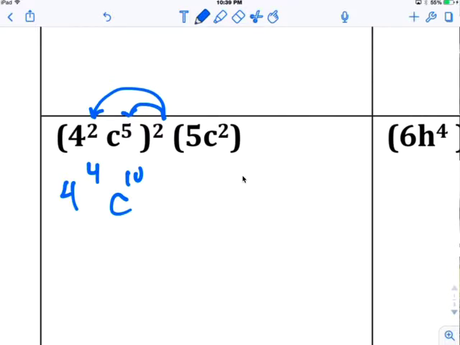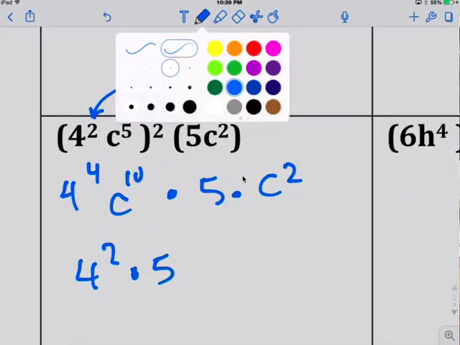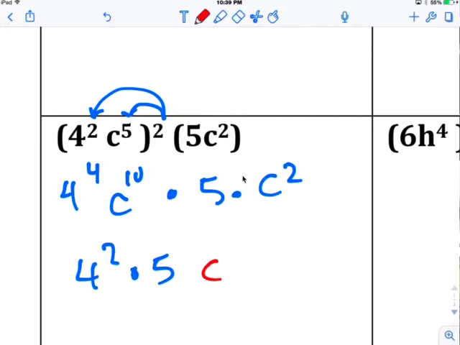If you do leave it alone and not multiply it by 5, I understand. Times 5 times c squared. So this is 4 squared times 5. You can leave it like that because the number, you can't do it in your head. Times c to the 10. It's the 10 and the 2 here plus the 2 there.